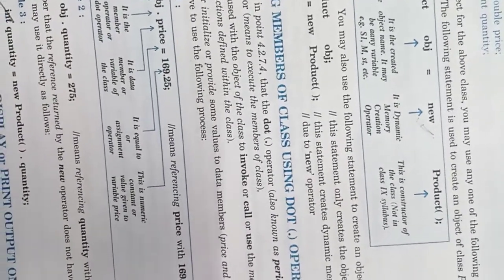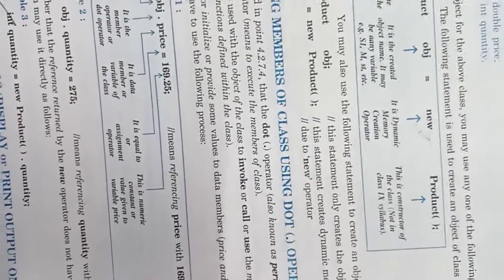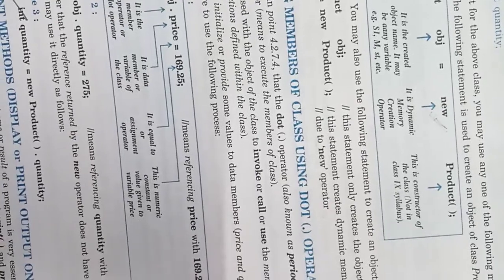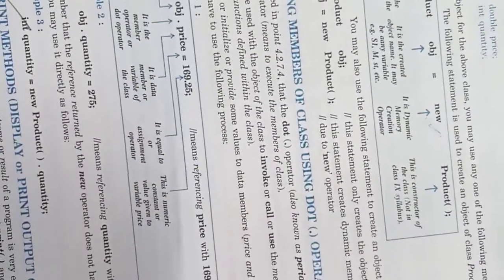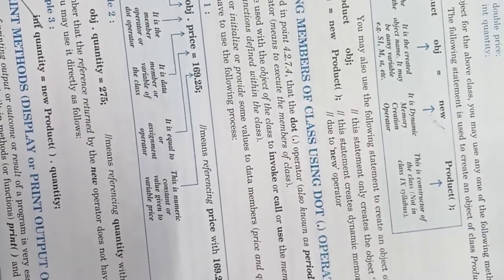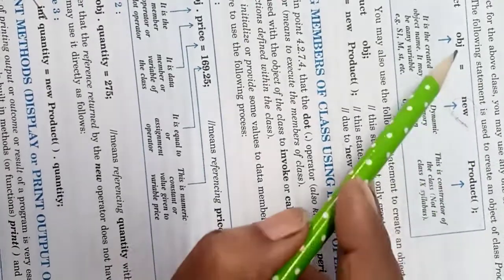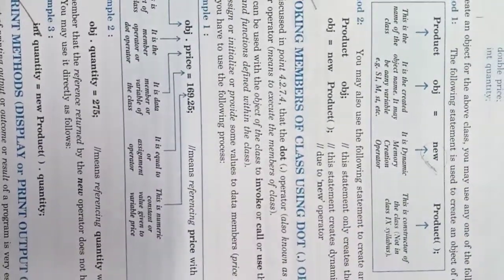Whenever we use the new operator, we dynamically allocate memory for the object or instance.